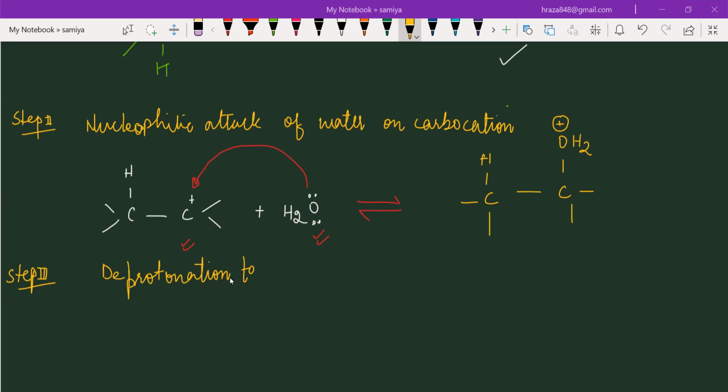Okay. Now deprotonation to form alcohols. That means we are going to remove a proton, this hydrogen.